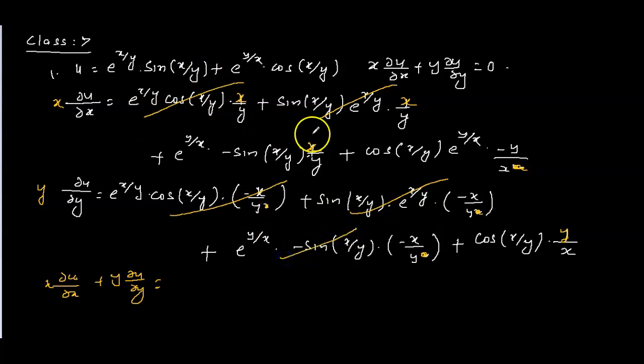Negative and positive will cancel, everything will cancel here. This is minus, this is positive; another three are positive here and the other three are negative. Correct, everything is cancelled here, we will get 0.